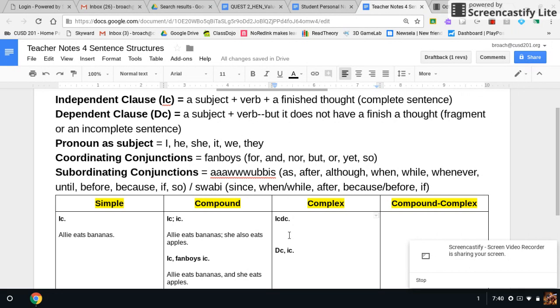Okay, so Allie eats bananas. She also eats apples. So now I'm going to switch up the meaning of this sentence a little bit.